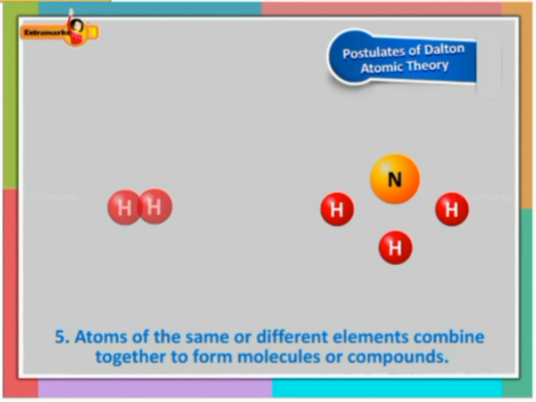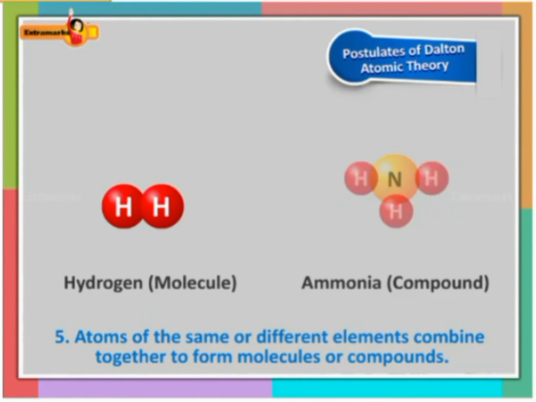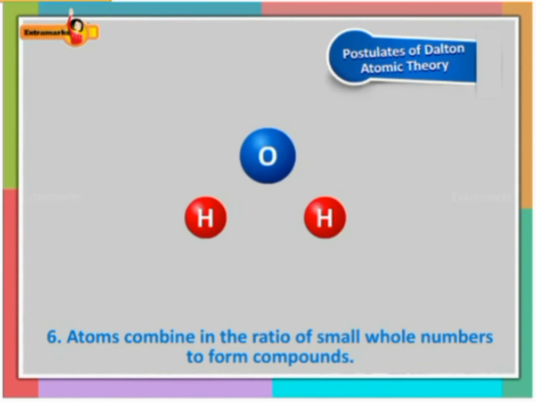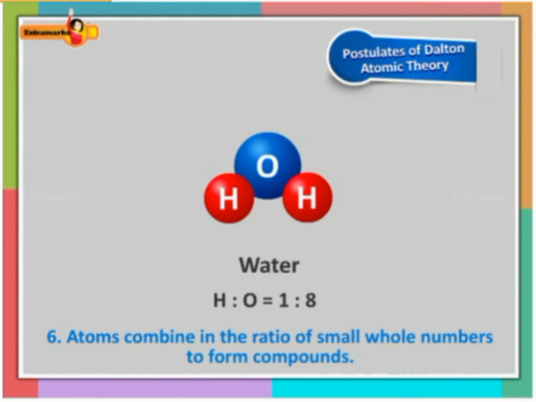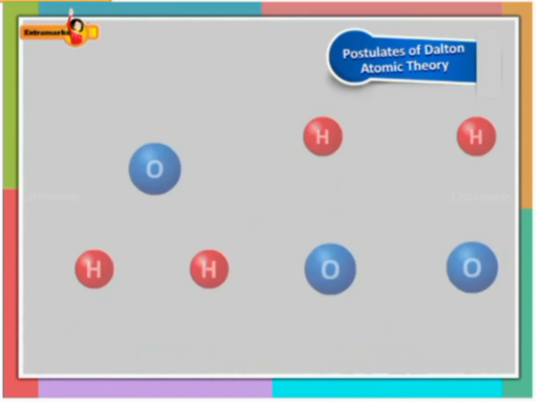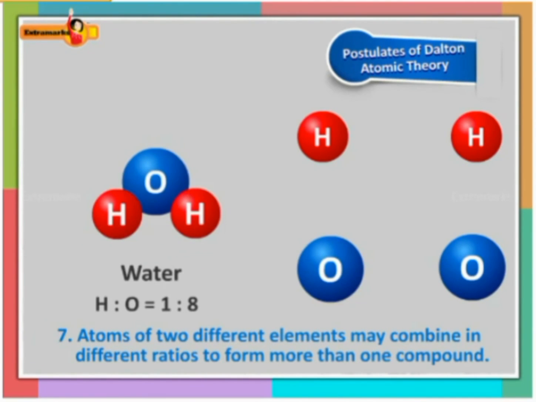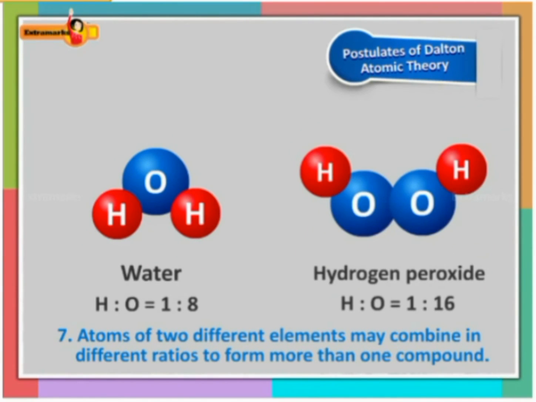Atoms of the same or different elements combine together to form molecules or compounds. Atoms combine in the ratio of small whole numbers to form compounds. Atoms of two different elements may combine in different ratios to form more than one compound.